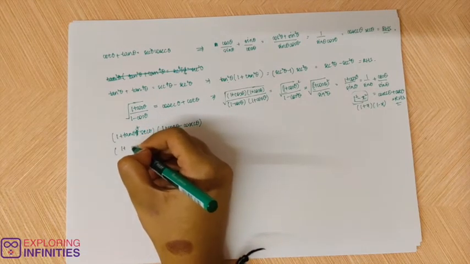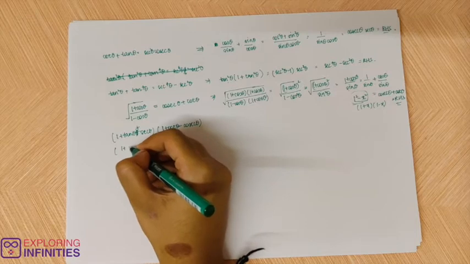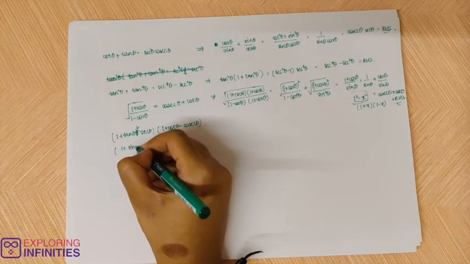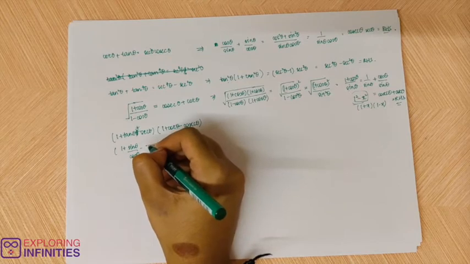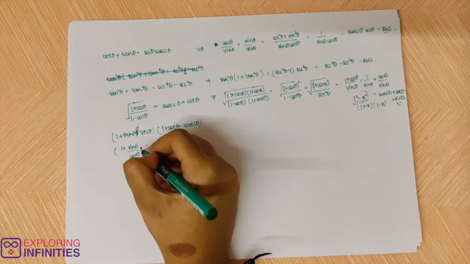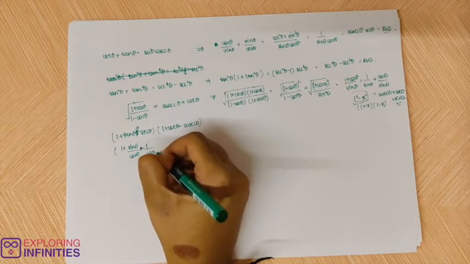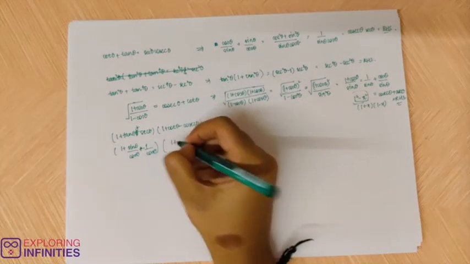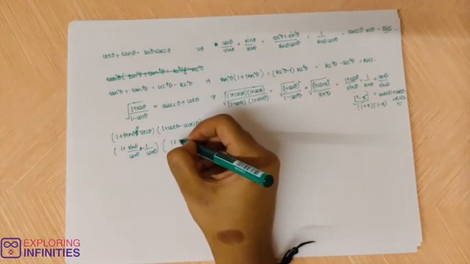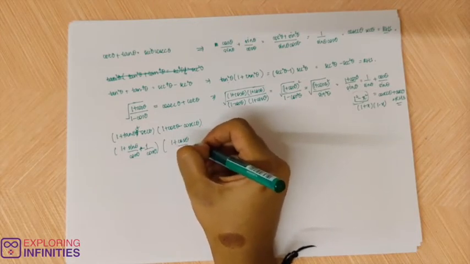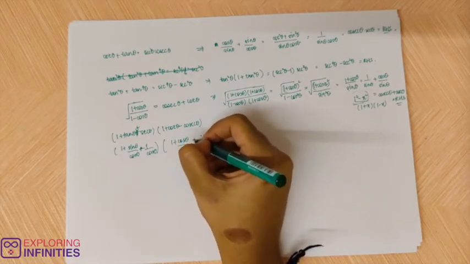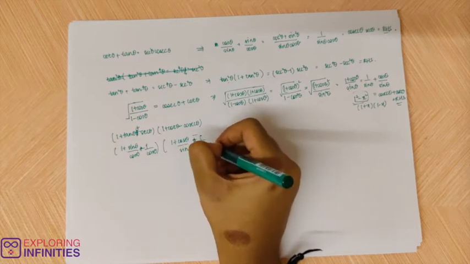So 1 plus tan theta is 1 plus sin theta by cos theta, plus 1 by cos theta, into 1 plus cos theta by sin theta minus 1 by sin theta.